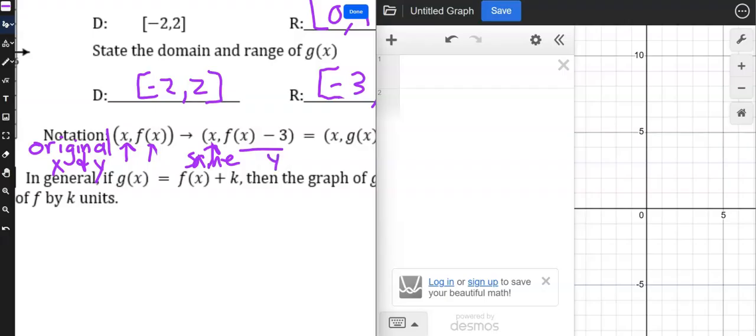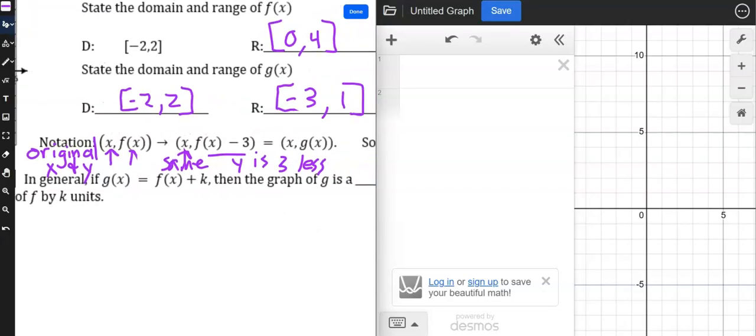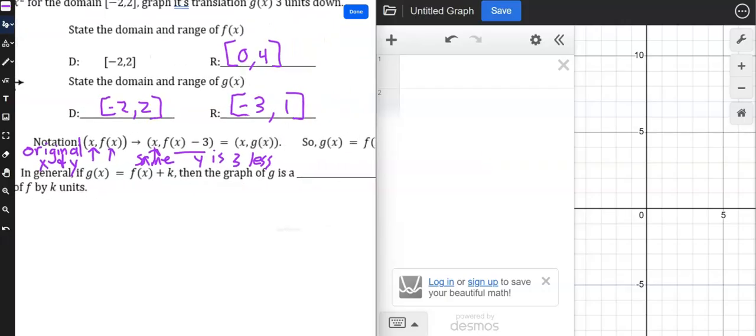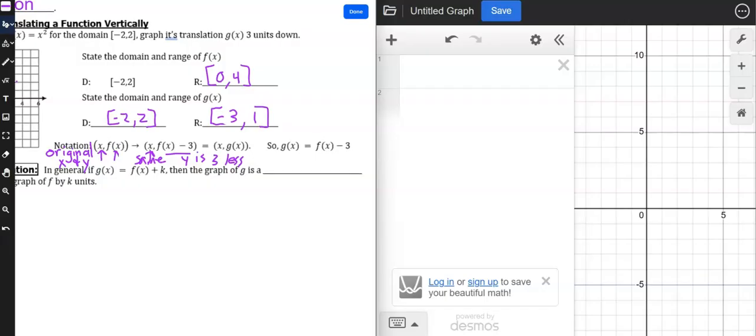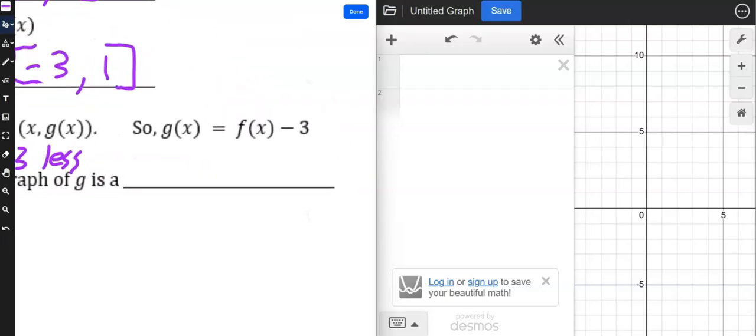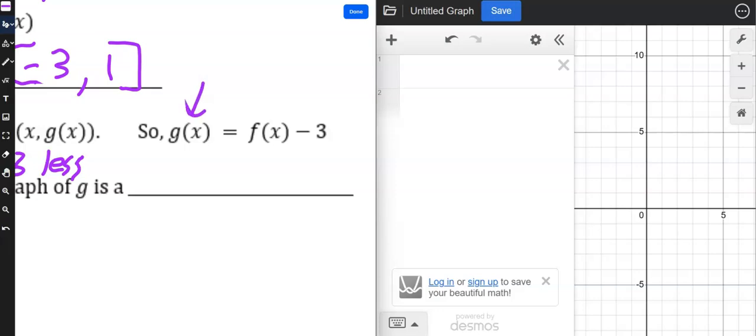So the y is 3 less. So domain stayed the same, which makes sense, because the only thing we changed were the y values. So what they're saying is the new graph is 3 units below the old graph.